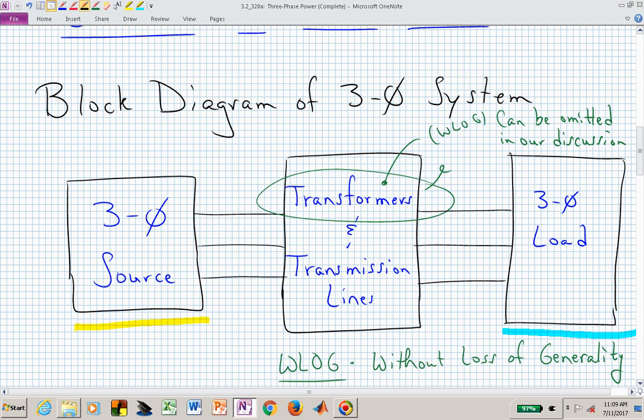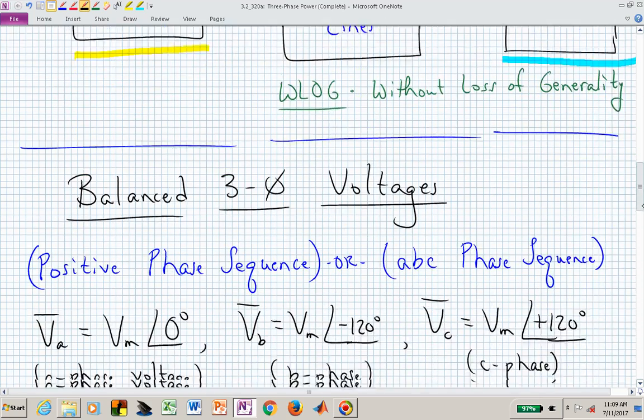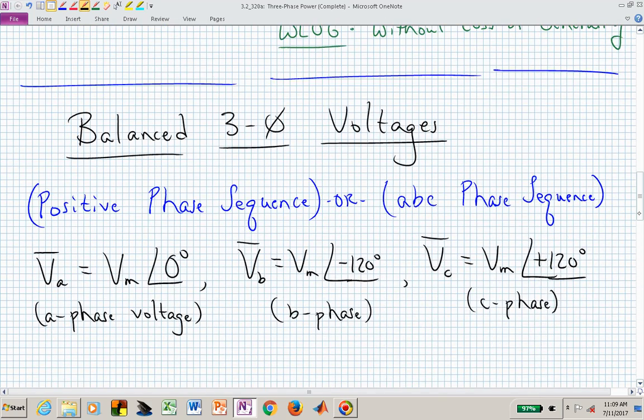We will just play with the source and the load interconnected with transmission lines, and our transmission lines a lot of times might have impedances associated with those, but the idea now is we have three phases at both the source side and the load side. Now, those three phases can come in two different varieties. We can have a positive phase sequence or an ABC phase sequence, or we can have a negative phase sequence.